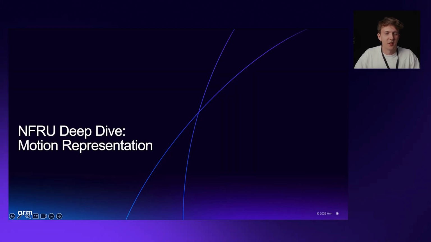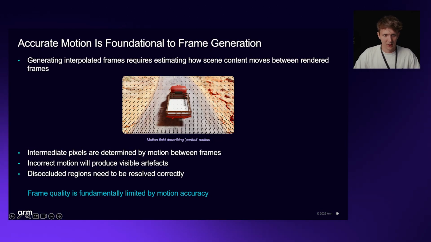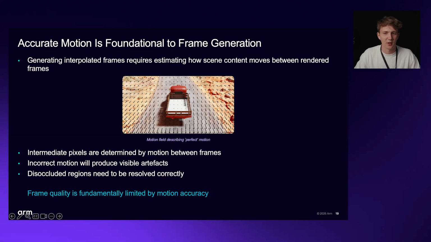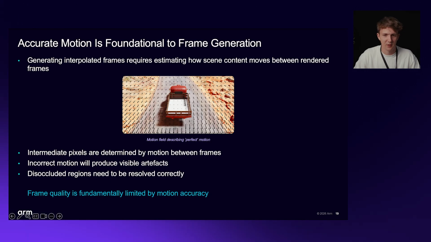Now let's look a little bit deeper into NFRU, and the first thing we're going to talk about is motion signals, because the quality of the generated frame depends heavily upon getting the motion right. Quite simply, frame interpolation is a motion problem. To generate the interpolated frame, we need a good estimate of where the content is moving between the two rendered frames.